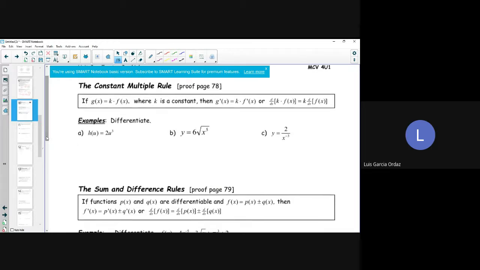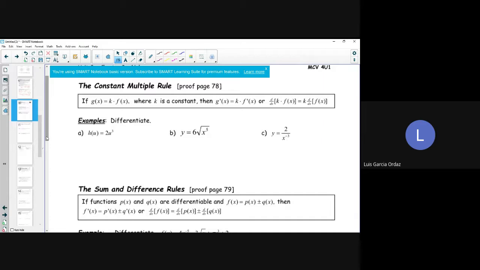And now we have the constant multiple rule. So if g of x is equal to k, which is a constant, times the function f of x, then the derivative of g of x is equal to k times the derivative of f of x. Okay, so the first one we have is h of u is equal to 2u cubed.